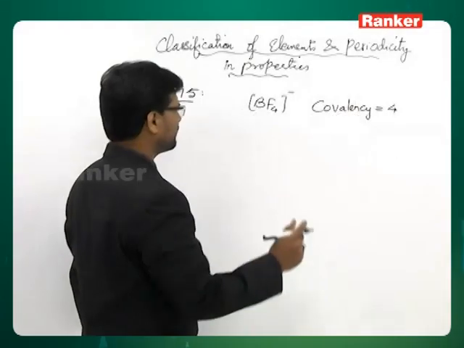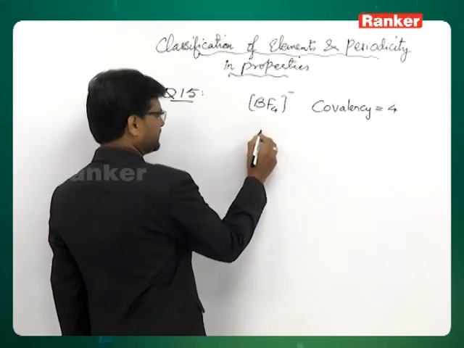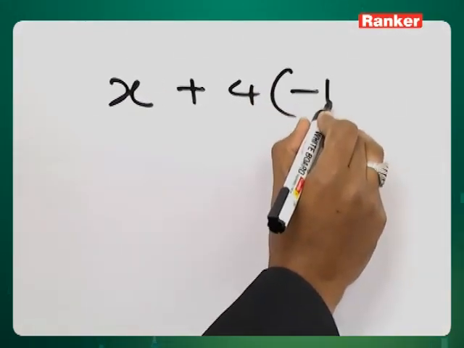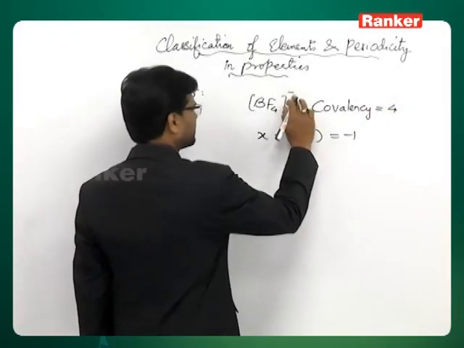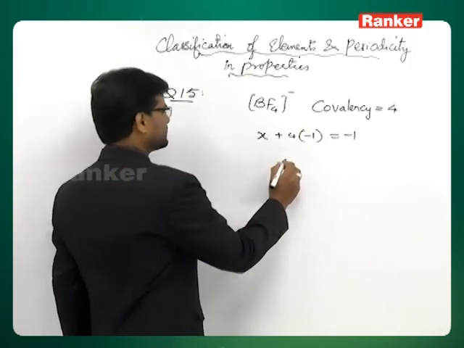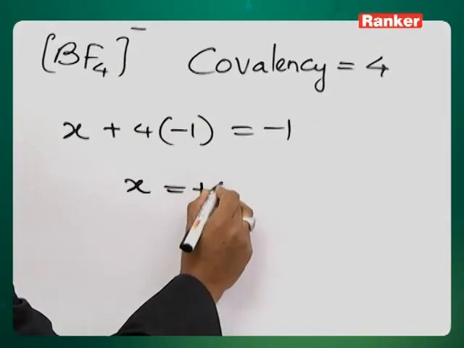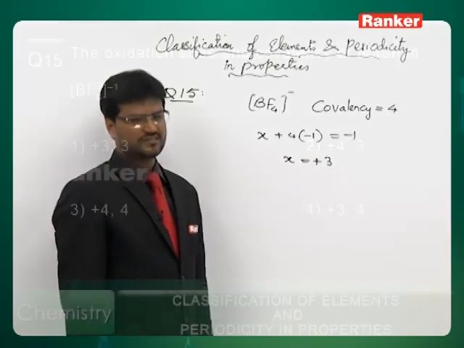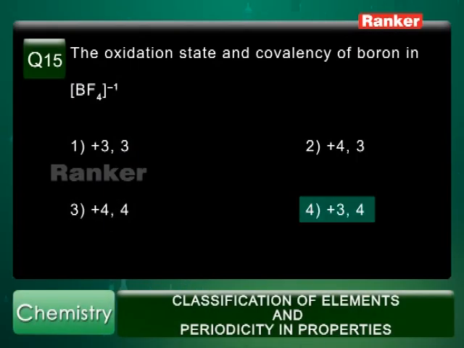Whereas for the sake of calculation of oxidation state, let us assume that boron is X plus 4 into minus 1, it comes to minus 1 because the sum should be equal to the charge carried by the radical. So X will come to plus 3. So oxidation state of boron is plus 3, its covalency is 4. So the correct answer is fourth option.